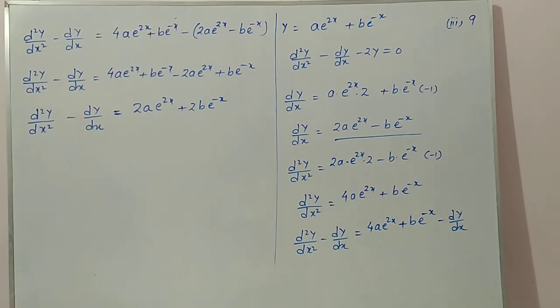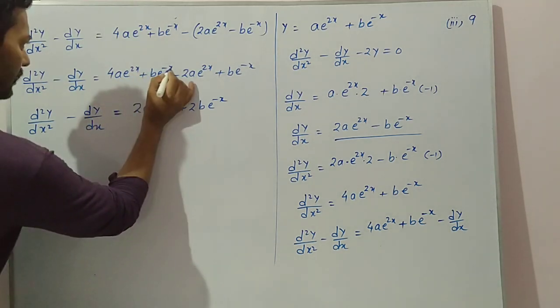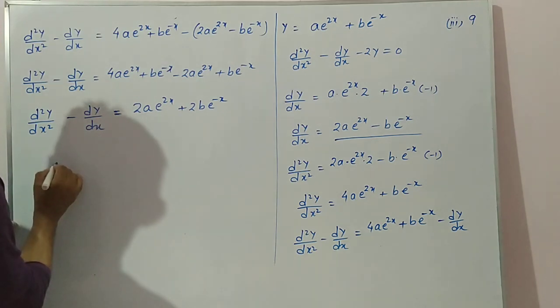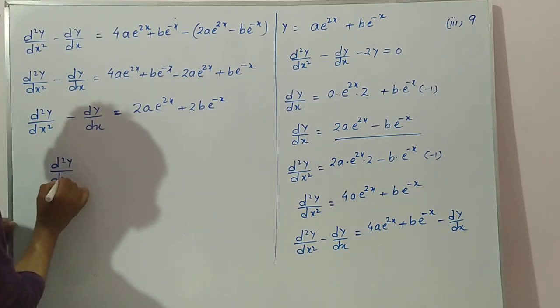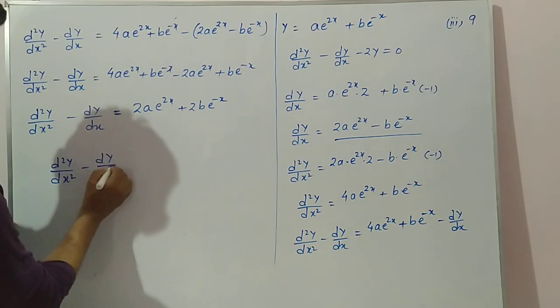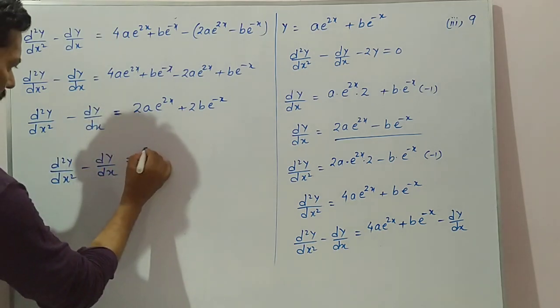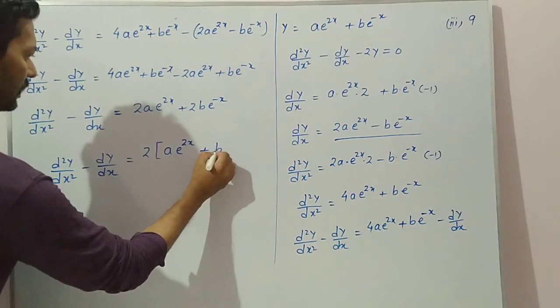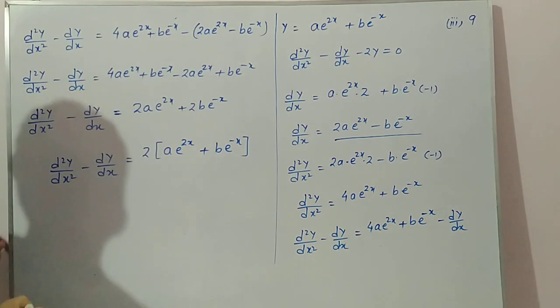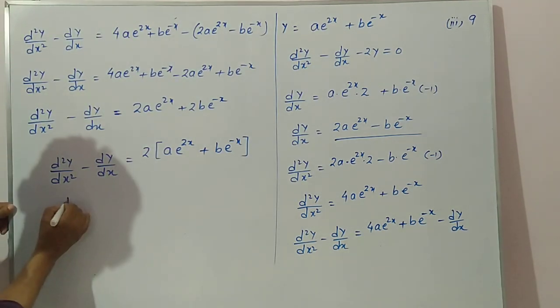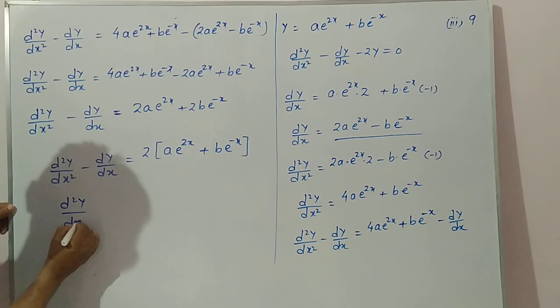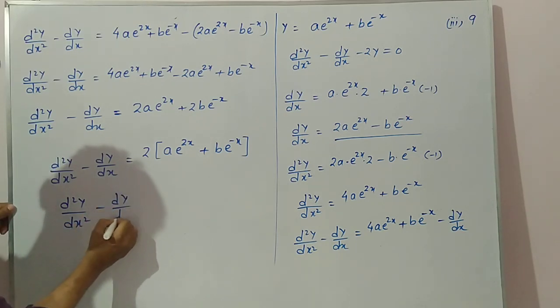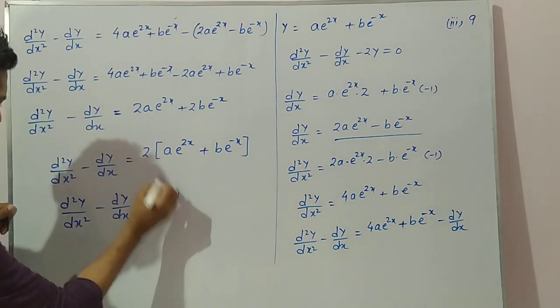Okay, now from here we can take 2 common. d2y by dx square minus dy by dx equal to 2 times a e to the power 2x plus b e to the power minus x, so d2y by dx square minus dy by dx equal to 2y.